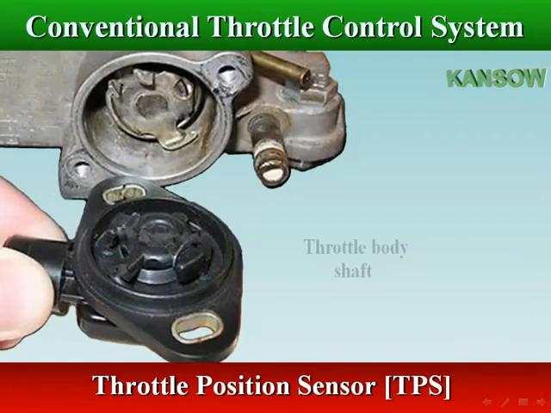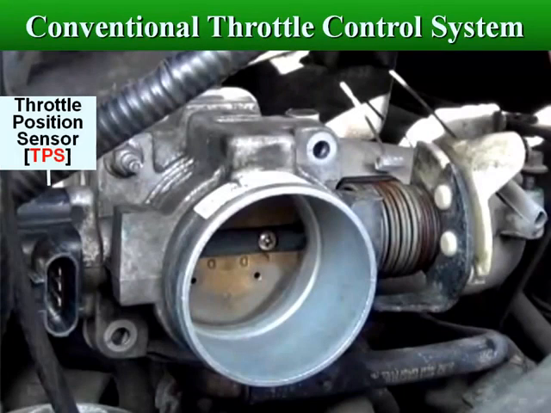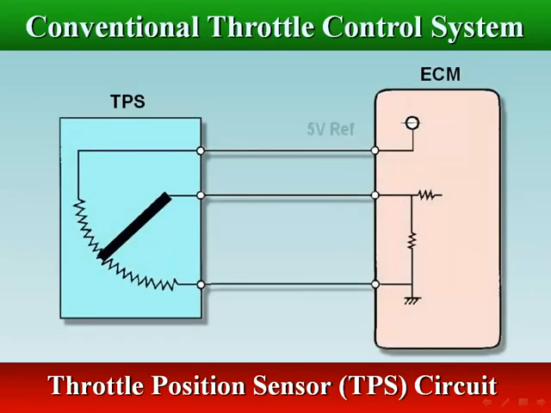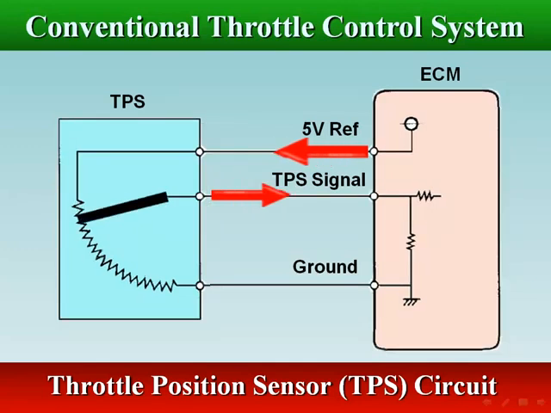The contact throttle position sensor, a potentiometer, provides a variable resistance according to different throttle valve positions. The basic TPS requires 3 wires. The ECM reference voltage, 5 volts, is supplied to the TPS, the TPS voltage signal is supplied to the ECM, and a ground wire completes the circuit.